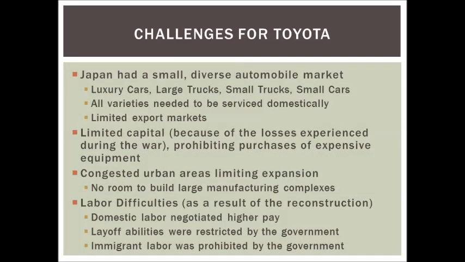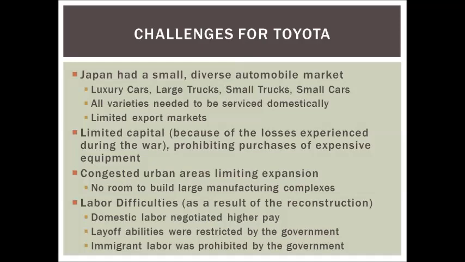But the Toyota family realized very quickly that they were not going to be able to replicate Ford's mass production system in Japan. The markets were different, and the entire production environment was different in Japan than it was in the United States. One thing is that Japan had a small, diverse automobile market. In the United States, Ford could produce a large number of identical vehicles, and they had plenty of market capacity to sell those vehicles.